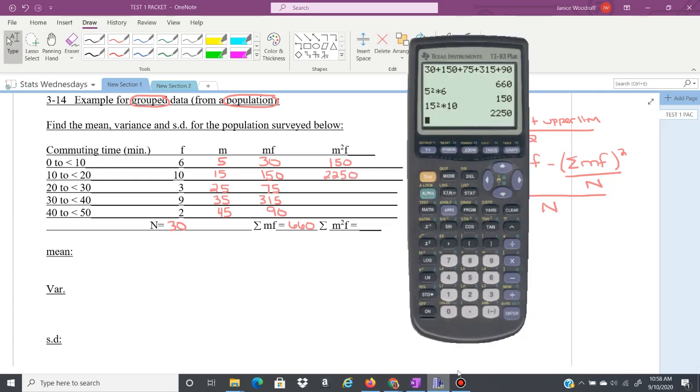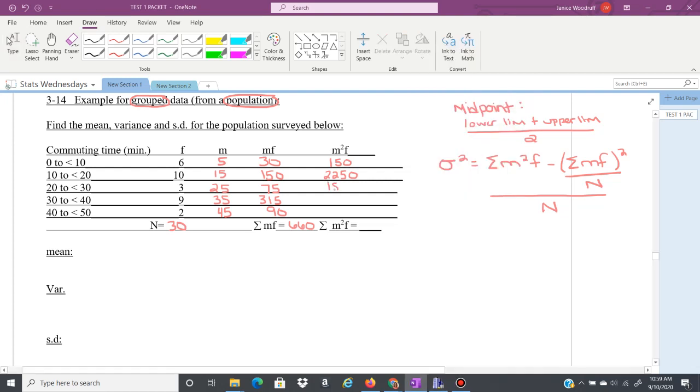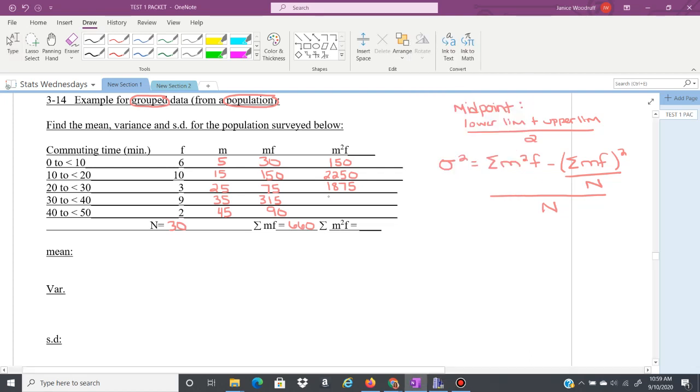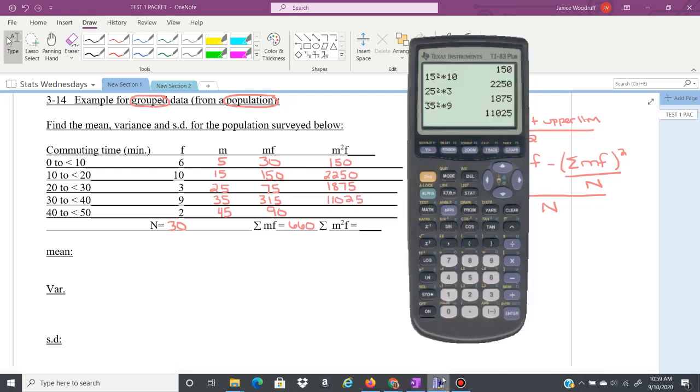Then 25 squared times 3, 1875. Then 35 squared times 9. We're going to get 11,025. And then 45 squared times 2.